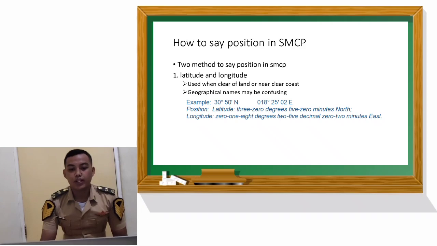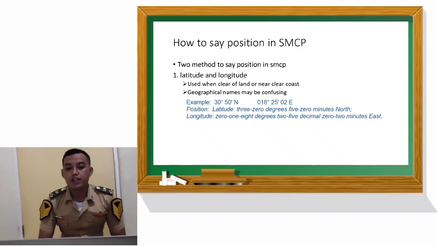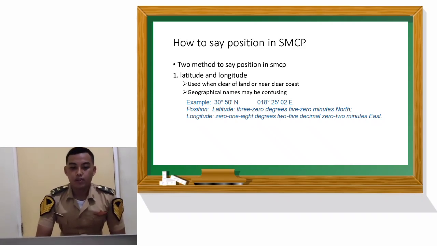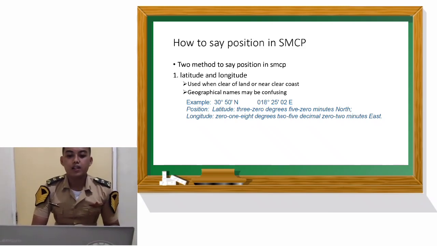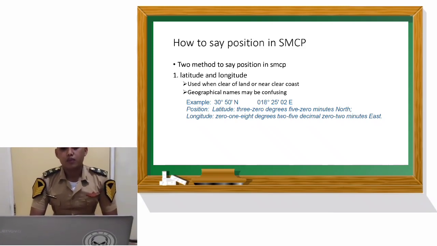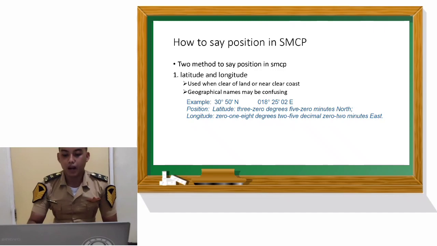For example: Warning, dangerous wreck in position 015 degrees 34 minutes north, 061 degrees 29 minutes west. Your position bearing 137 degrees from Big Head Lighthouse, distance 2.4 nautical miles.